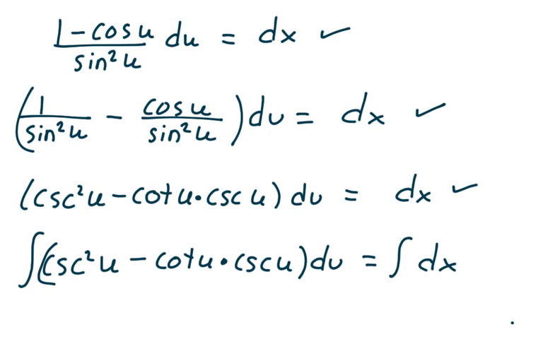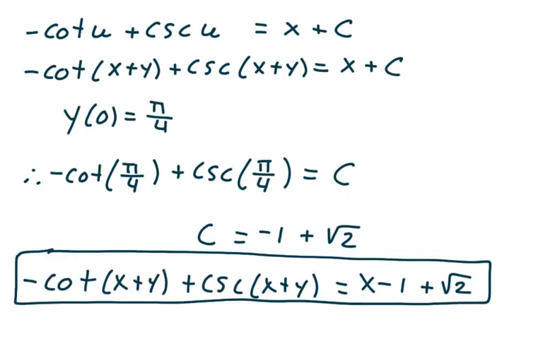After all that work, we get to integrate both sides. So the integral of cosecant squared of u minus cotangent u cosecant u du is equal to the integral of dx. So negative cotangent of u plus cosecant of u is equal to x plus c.